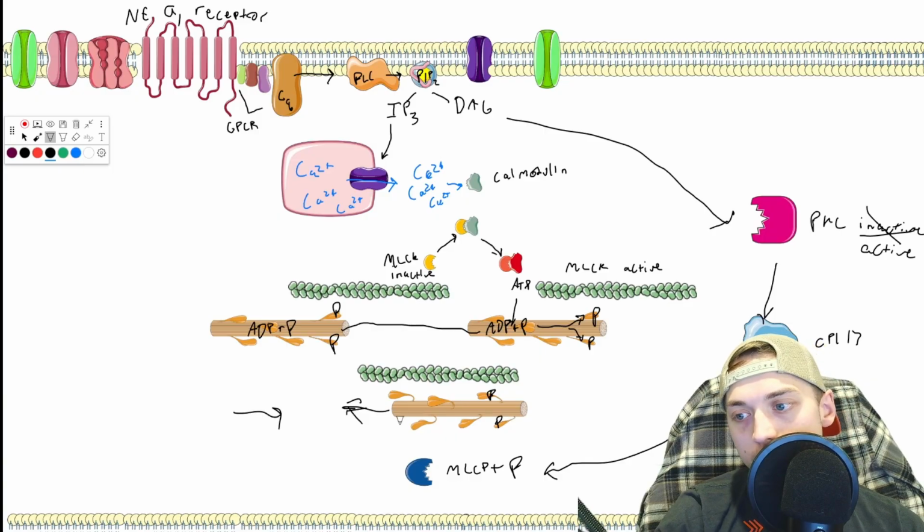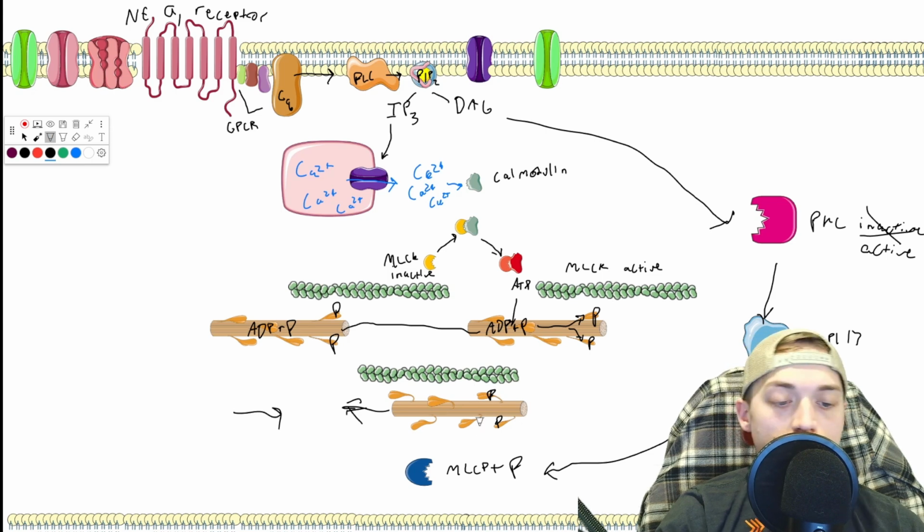As you might remember, myosin light chain phosphatase breaks off the phosphates from all of our myosin complexes here. And when it gets a phosphate added to it, it gets turned off, so it can't do that. This is the IP3 and DAG pathway for smooth muscle contraction.